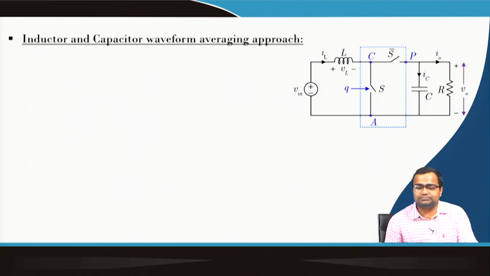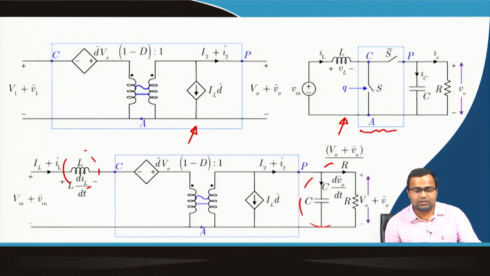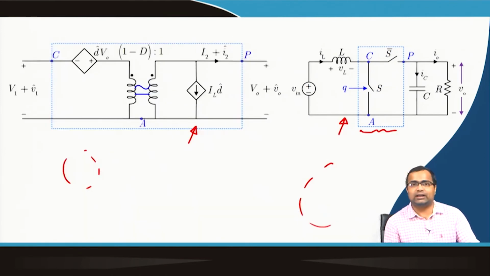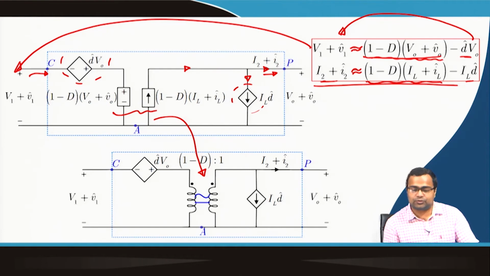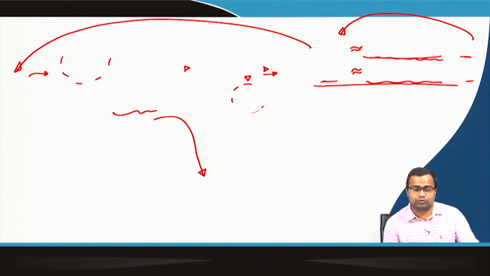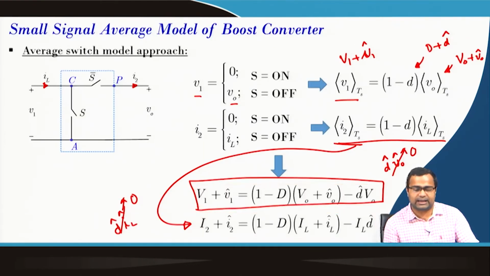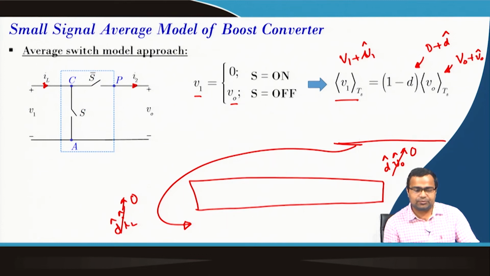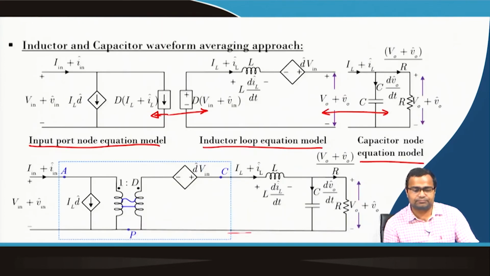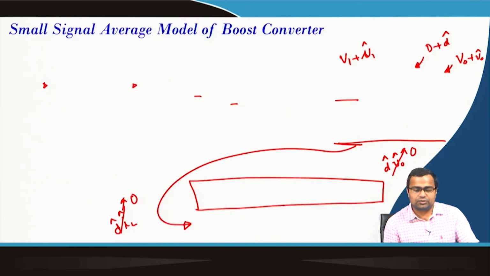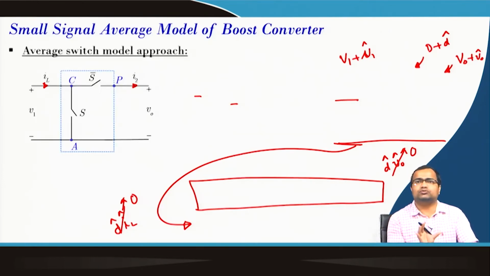In case we repeat this using a circuit averaging technique, that means what we did was the average switch model. In this approach, we started with a boost converter. If you look very carefully, we first extracted the switch part of the boost converter.